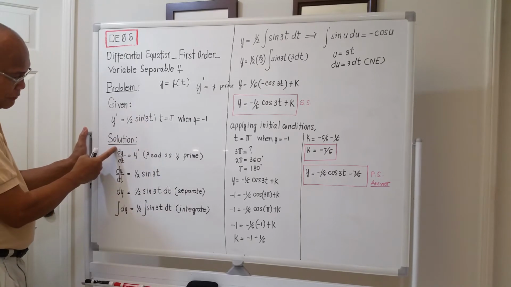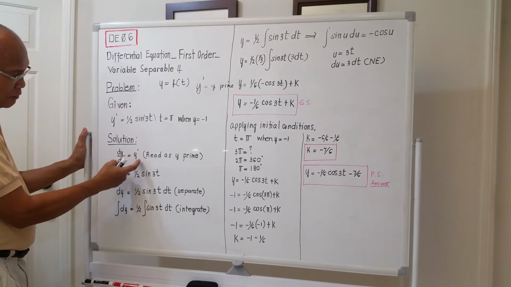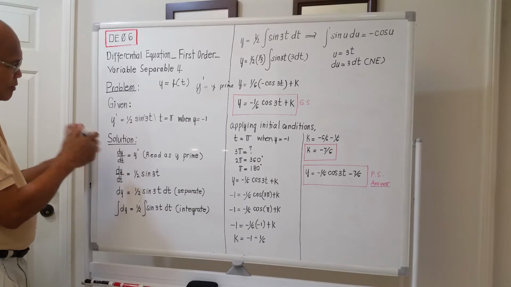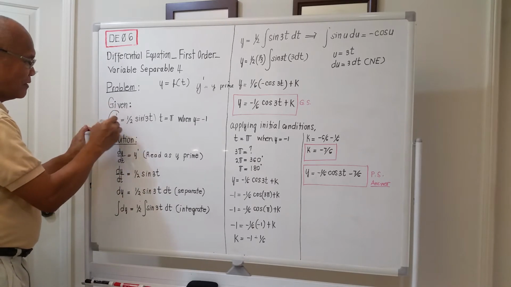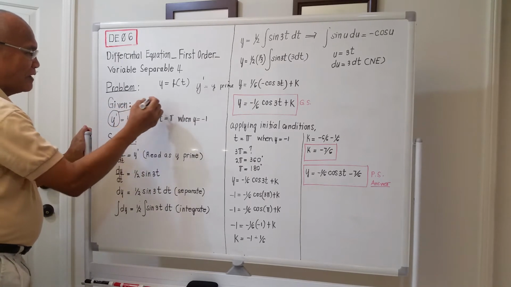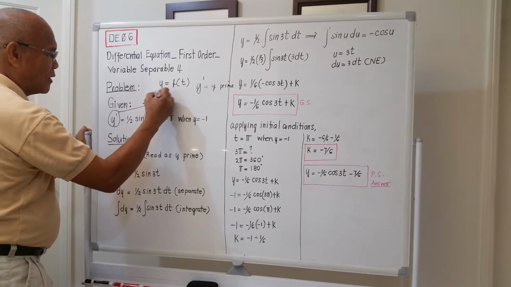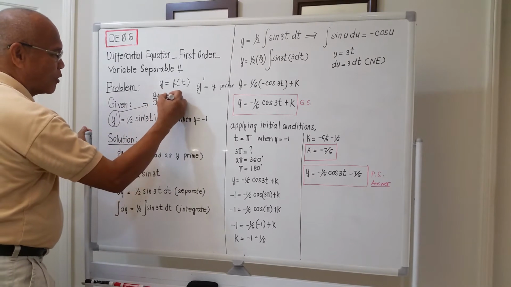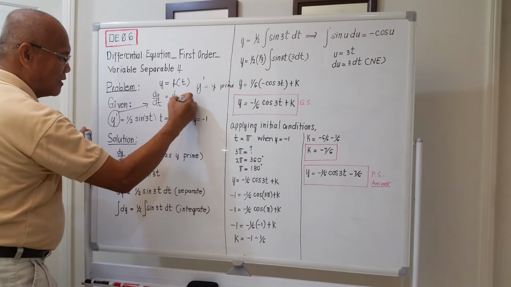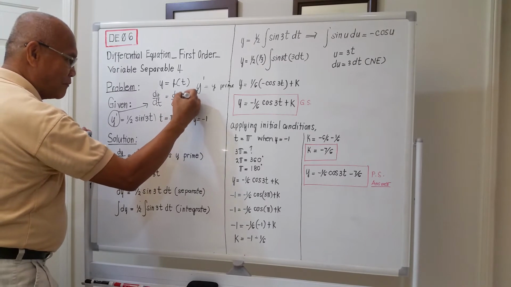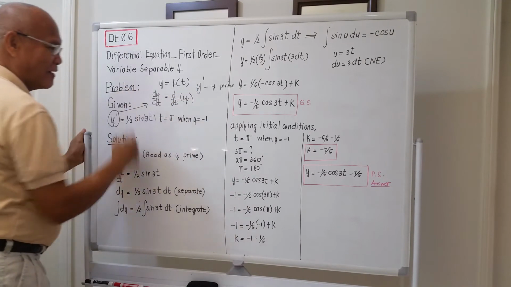So the derivative with respect to time of y is actually y prime. So even though this is y prime, that is actually dy over dt. Or this is actually the first derivative with respect to time of y. You got it?